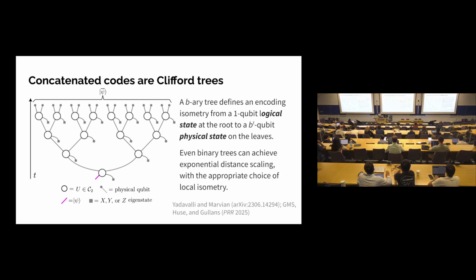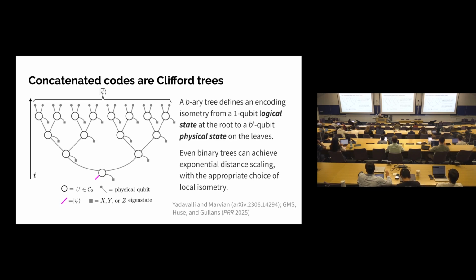So just to make sure we're all on the same page, the way I like to think of it is that a concatenated code is really just a tree. In particular, a concatenated stabilizer code is a tree where all of the gates on the tree are Clifford gates.